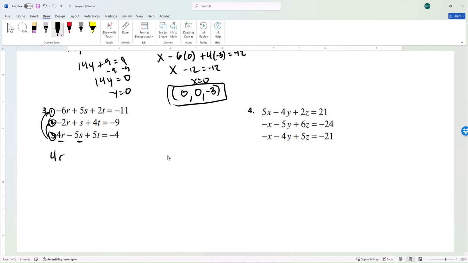So equation number 3 with 1, and then equation number 3 with equation number 2.